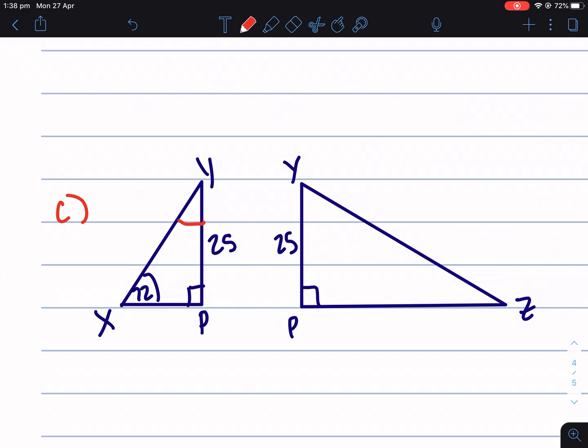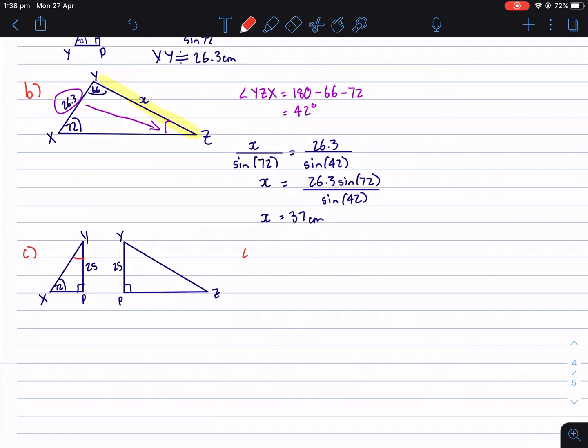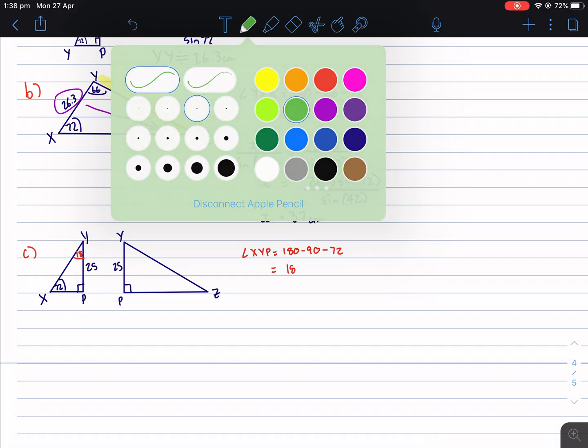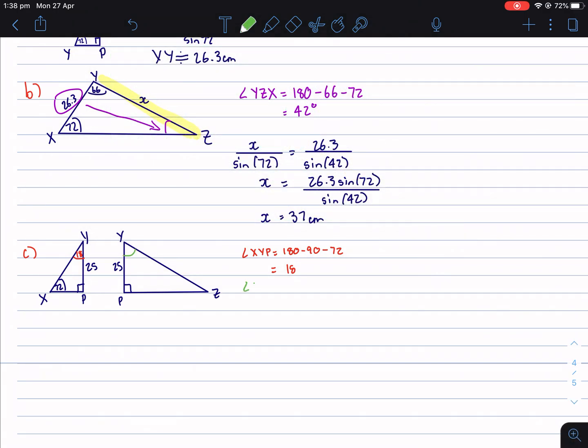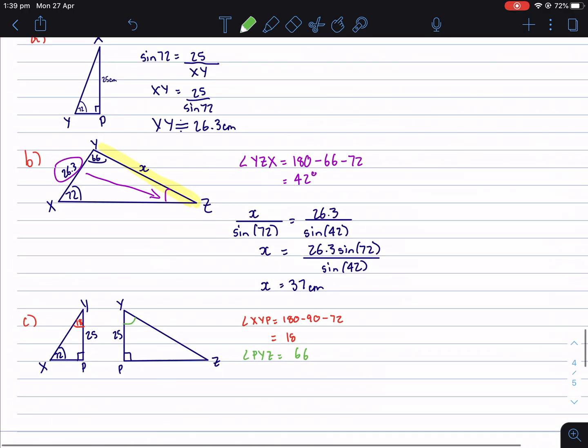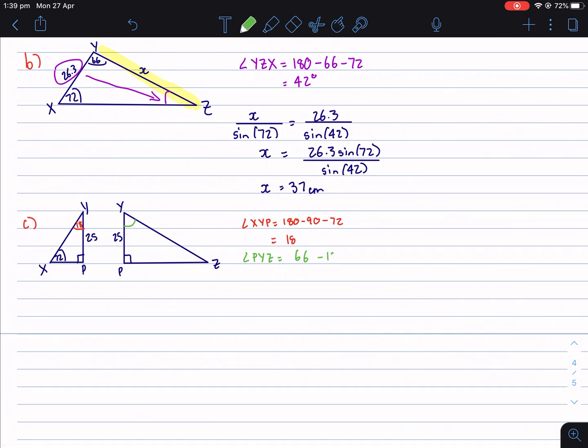This one up here, so angle XYP is 180, take 90, take 72. So that comes out as 18. Which means this angle here, angle PYZ, well, we know them both added together, it comes out as 66 degrees minus 18, so 48 degrees.